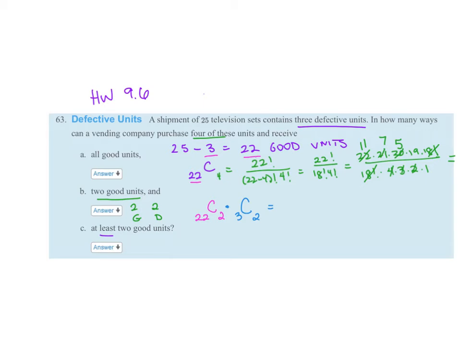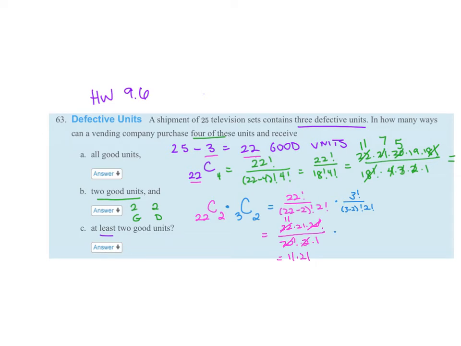So this would be 22 factorial over 22 minus 2 factorial times 2 factorial, times 3 factorial over 3 minus 2 factorial times 2 factorial, and then continue to simplify. So 22, 21, 20 factorial over 20 factorial times 2 times 1. Then 20 factorial cancels, 2 goes into 22 11 times, so it's 11 times 21.